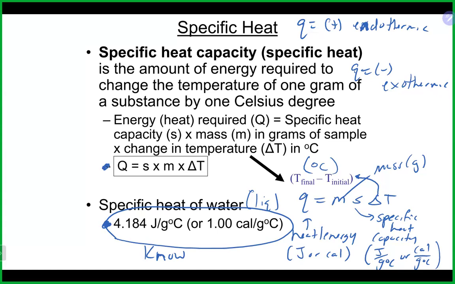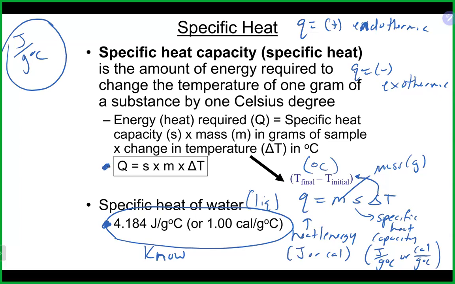Now, if I have a specific heat capacity, which has units of joules per gram per degree Celsius, and I compare a large specific heat capacity versus a small one, will the large specific heat capacity take more or less energy to change the temperature of that substance by 1 degree Celsius?